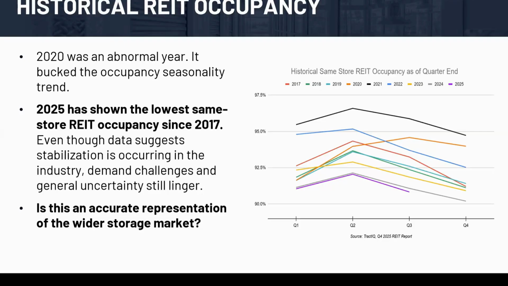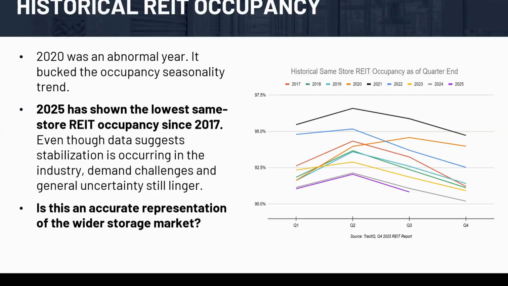My point of bringing up this data is that it has defined the industry's occupancy conversation. When people talk about self-storage occupancy, they refer to what the REITs are doing. In reality, you're talking about 6,000 facilities across the US that are the best performing stabilized assets across the top operators, mostly in primary and secondary markets. This data has shaped the entire industry, which has closer to 70,000 facilities.